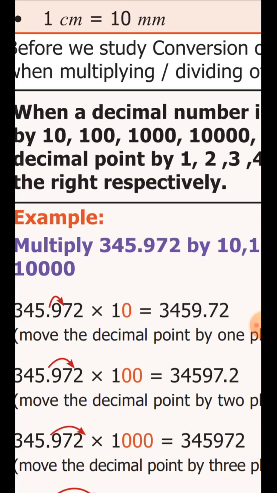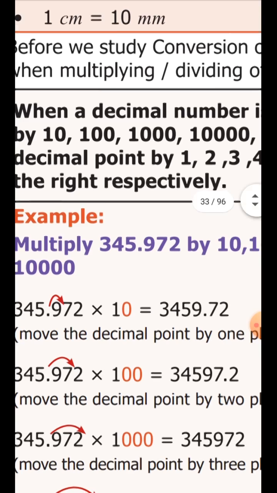So 345.972 is what we have to say. Suppose I have 34.5972. How can we say it? After the dot you say the numbers separately: 5972.